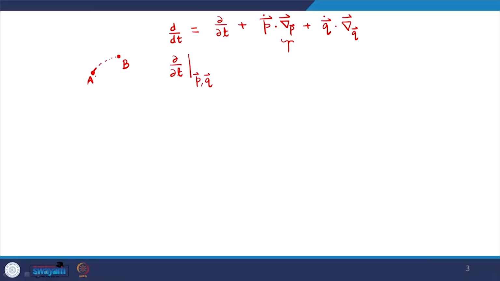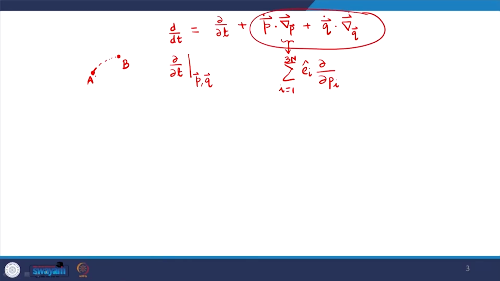It looks like something like a unit vector in each of the momentum directions, del by del p_i, where i is going from 1 to 3n for all the momentum variables, and similarly we can do the same for the coordinate variables.